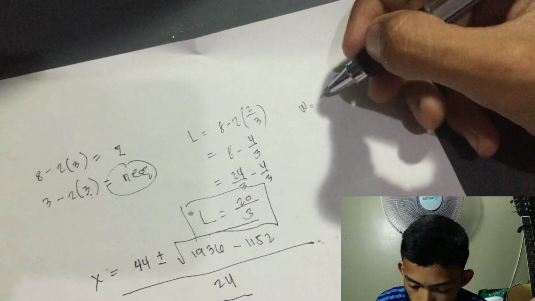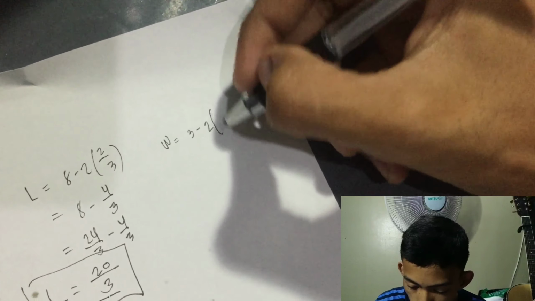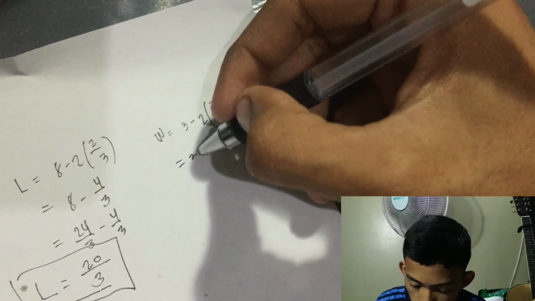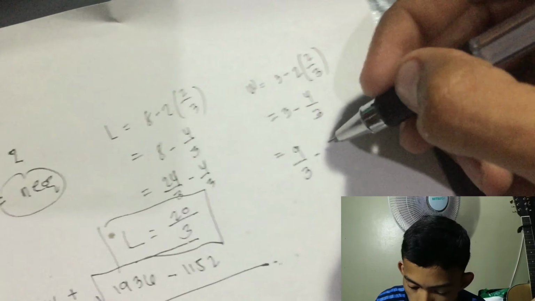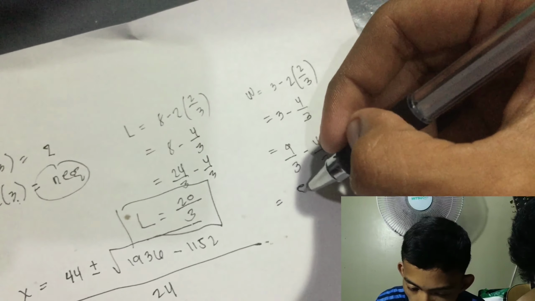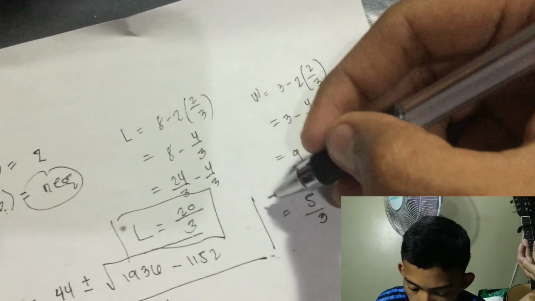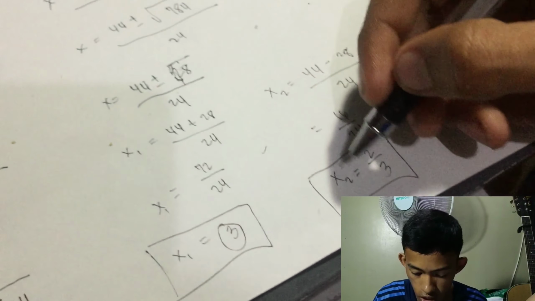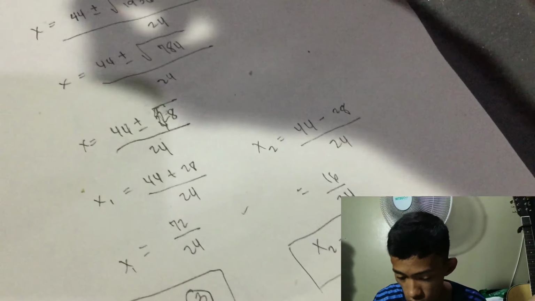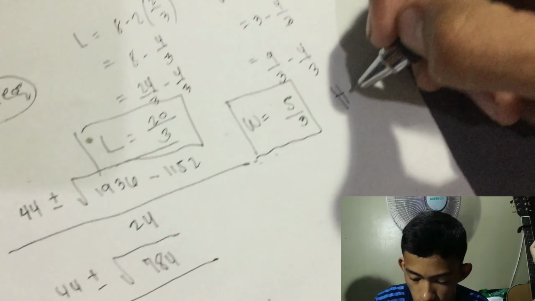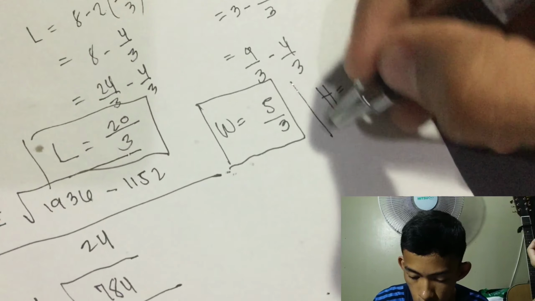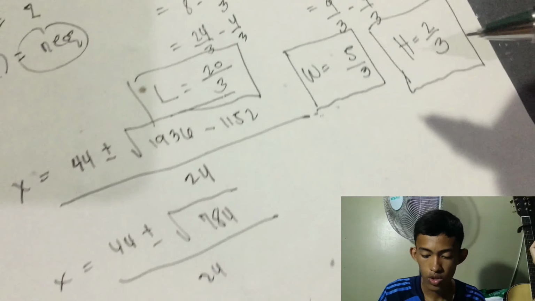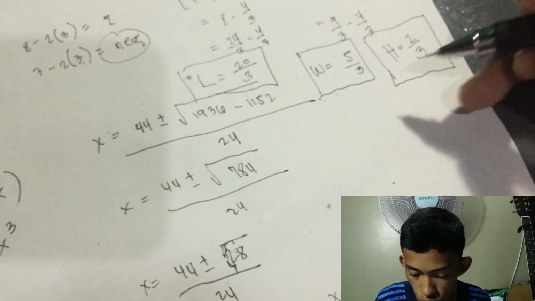Our width is equal to 3 minus 2 times 2/3, then 3 minus 4 over 3, or 9 over 3 minus 4 over 3, which will become 5 over 3. So this is our width, and it is positive, so we can use 2/3. So this is now our critical value, 2/3. Now our height is equal to x, so therefore the height is equal to 2/3. So this is now our answer.